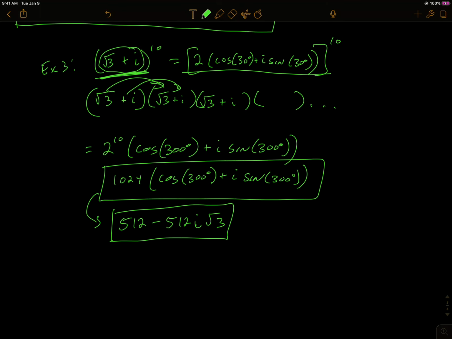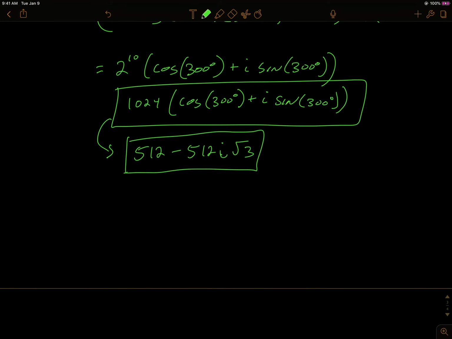So the powers of complex numbers lead into their inverse, the roots, right? What if, instead of raising to the 10th power, I want to raise to the 1/10 power? Does the same thing still apply? It does. De Moivre's theorem works when n is any real number.